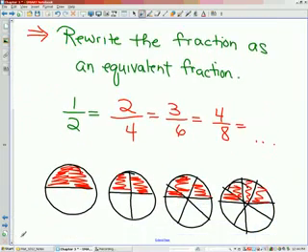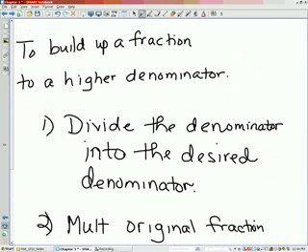Now, what I've shown here is the concept that 1/2 can be written in many forms. You can rewrite 1/2 as 2/4, or you can rewrite 1/2 as 3/6, as 4/8, and so on and so on. Now, let me give you some directions for how to build up a fraction to a higher denominator.